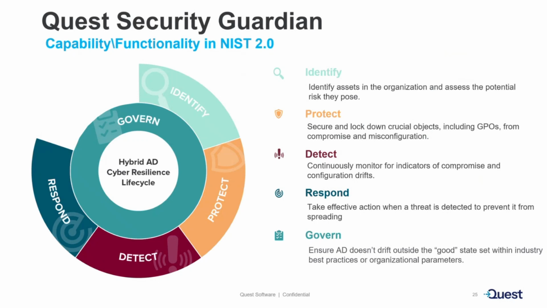What sets Quest apart from other companies is that we provide a complex and continuous cyber resilience cycle for Active Directory and Office 365, providing in-depth protection across multiple layers in line with the NIST cybersecurity framework.